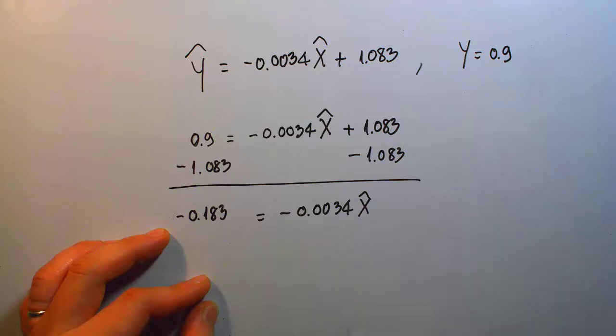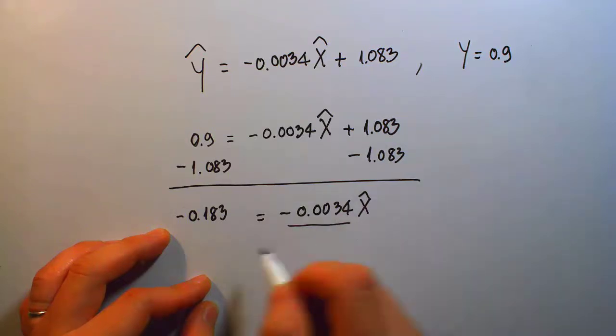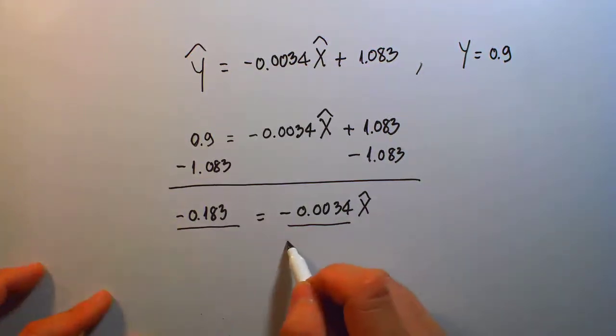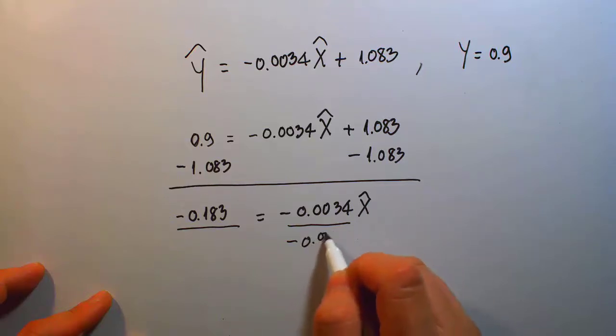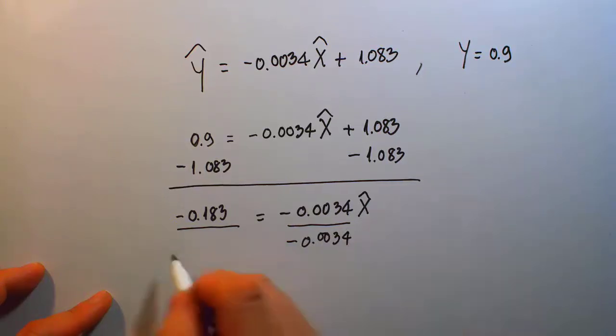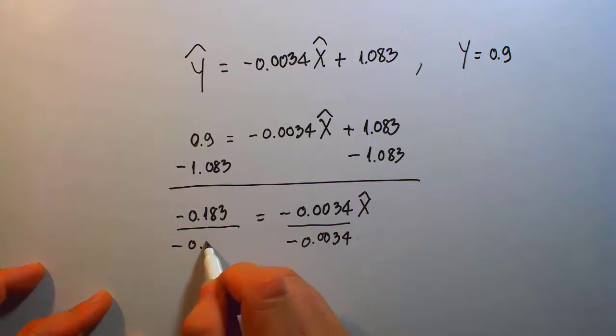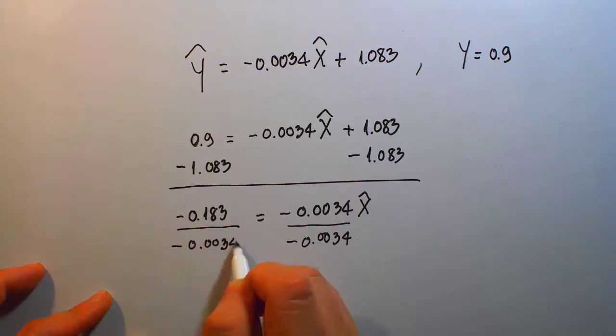Then the next step is to divide both sides by negative 0.0034.